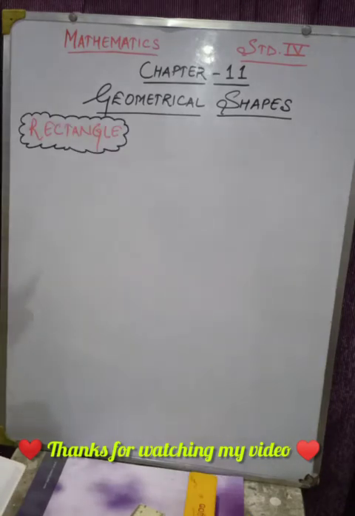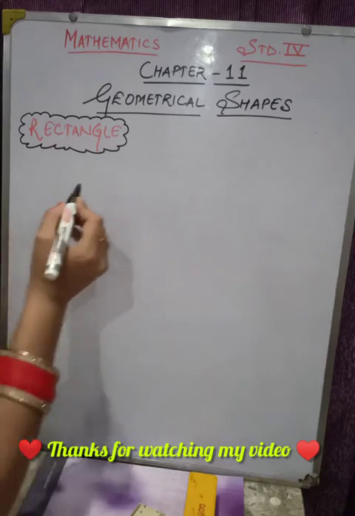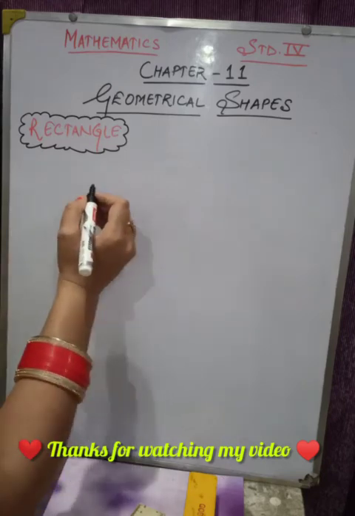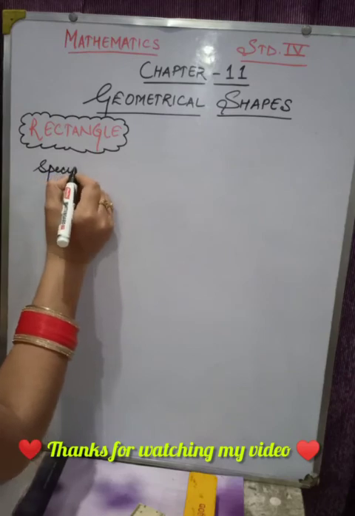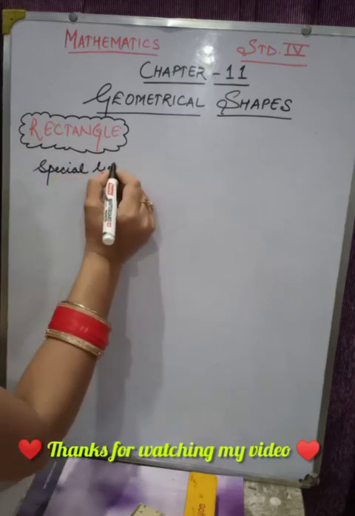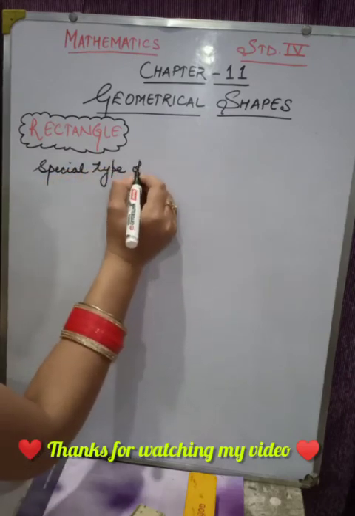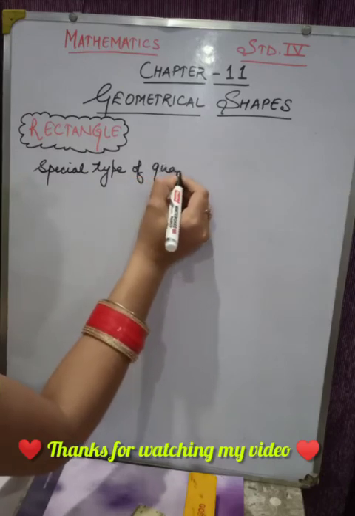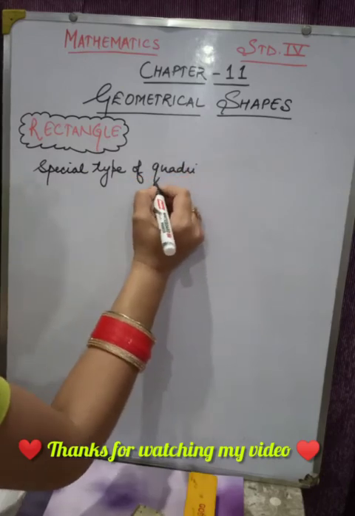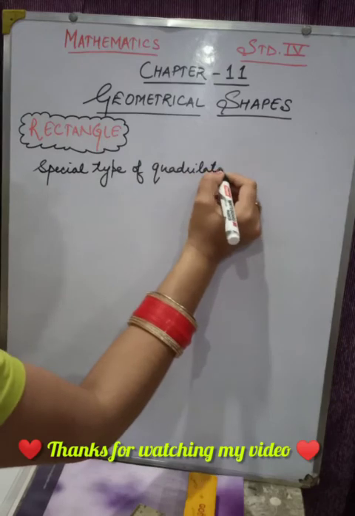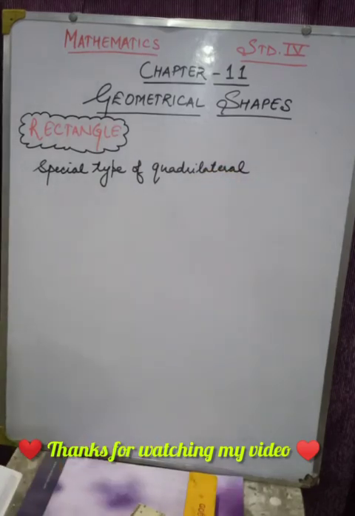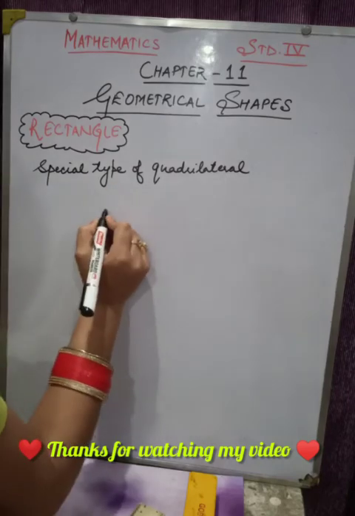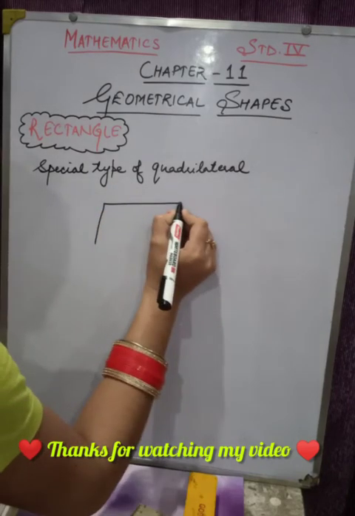Next is the rectangle. A rectangle is also a special type of quadrilateral. So let's discuss the properties of the rectangle.